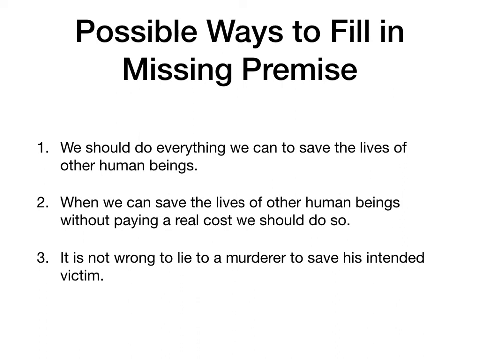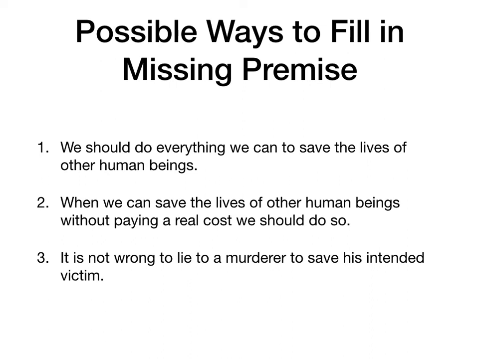If you could save the life of another human being by giving up your own kidney, it's not clear to me that you should do that. If you could save the life of another human being by torturing an innocent child, it's not at all clear to me you should do it. In fact, I would say you probably shouldn't, right? So one as a premise is obviously false.